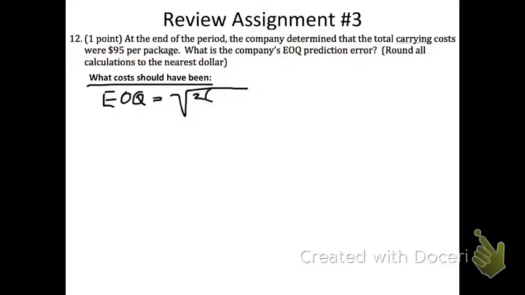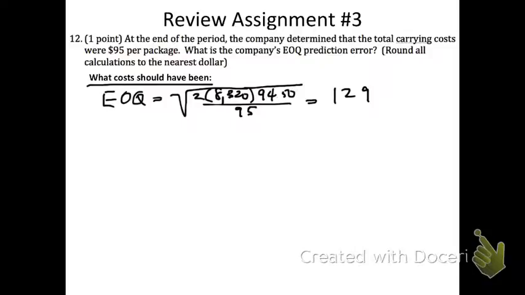So we have 2 times the 8,320 times 94.50 divided by the 95. And so what turns out is our economic order quantity really should have been 129 packages.